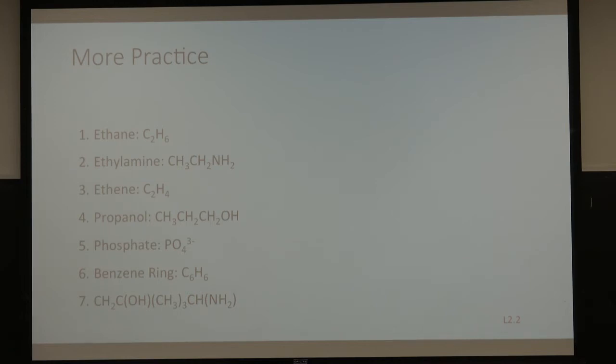So phosphorus has 5 plus 4 times 6, which is 24, plus you have 3 extra from your electron, equals 32 to work with.